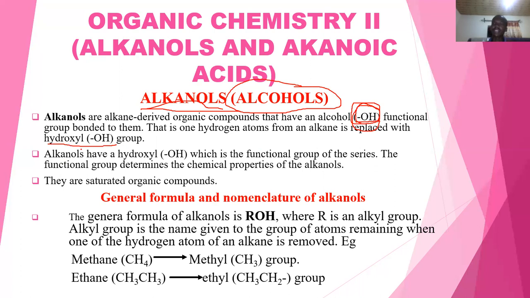Just the way you discussed in alkenes, the double bond in alkenes is the site for the reaction of that compound. Also, in the alkynes, the triple bond is the site for the reaction.